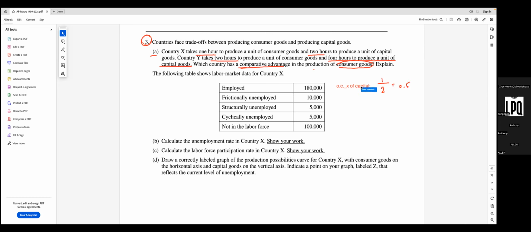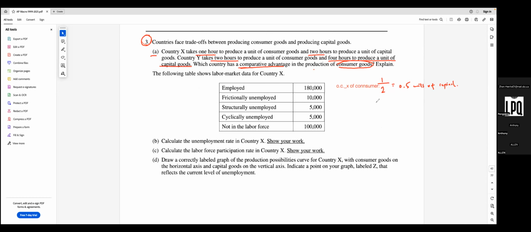No, here it is consumer goods, not capital. Make any sense? Okay, so if I need to add units, so half a unit of capital goods. Okay, this is the first step.